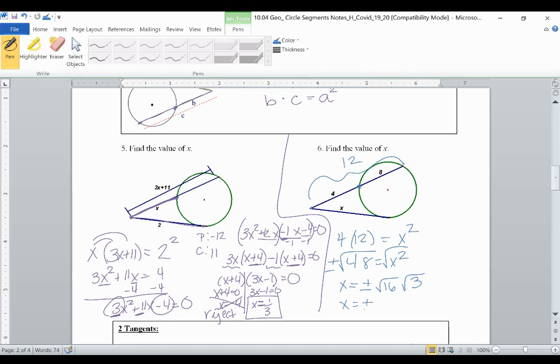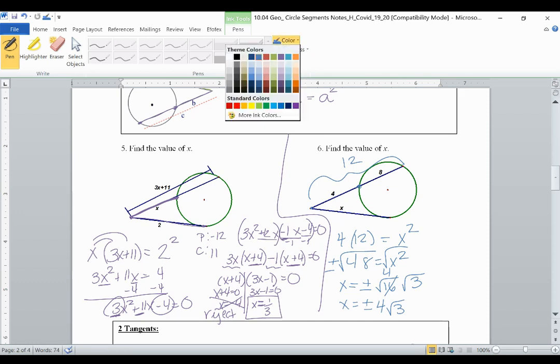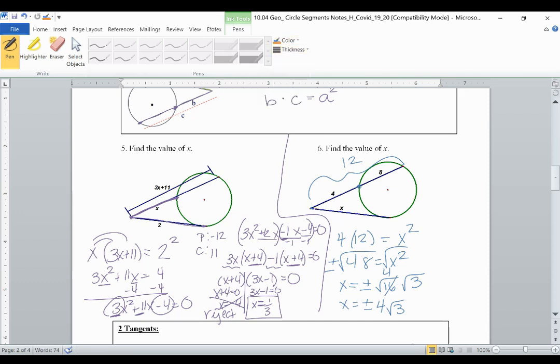So I get plus or minus 4 rad 3. Let's go up and see if both the positive and the negative will work. So since x is a length of the tangent right here, it cannot be negative. So we have to reject that negative. So we have only one answer, which would be 4 radical 3.